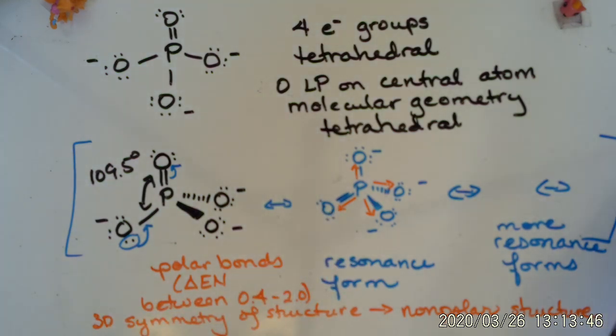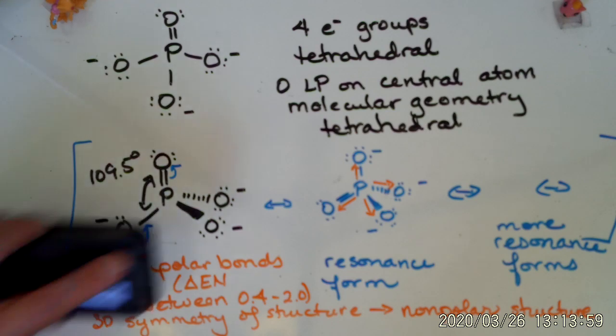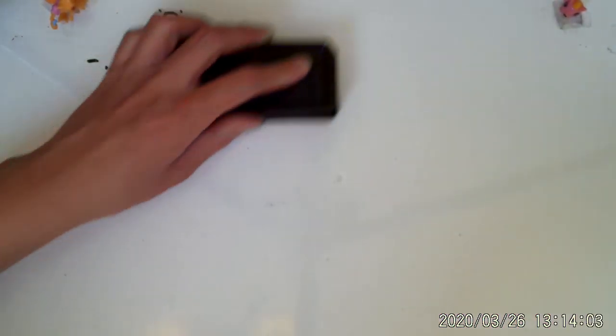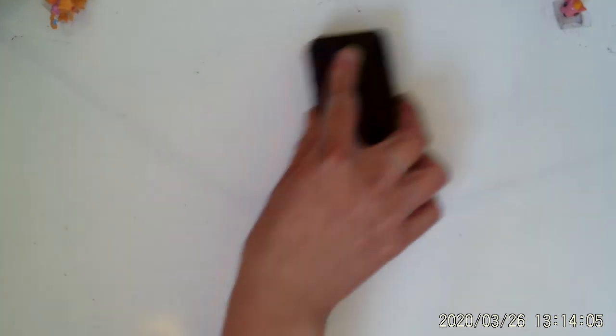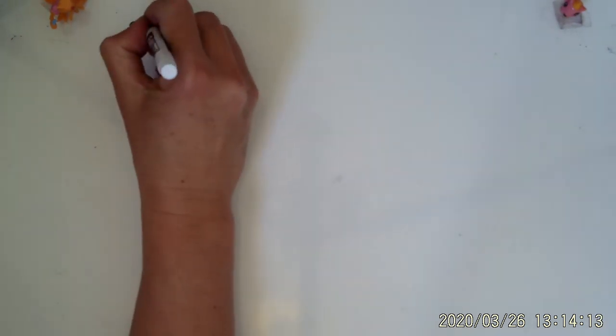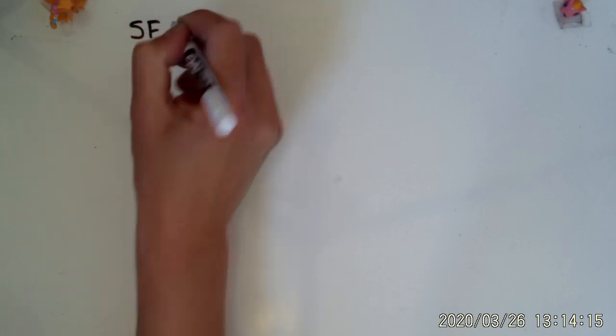Now, from a single structure, we can think about all the different pieces of information that you can get just by looking at it. Let's take a look at something like sulfur hexafluoride.